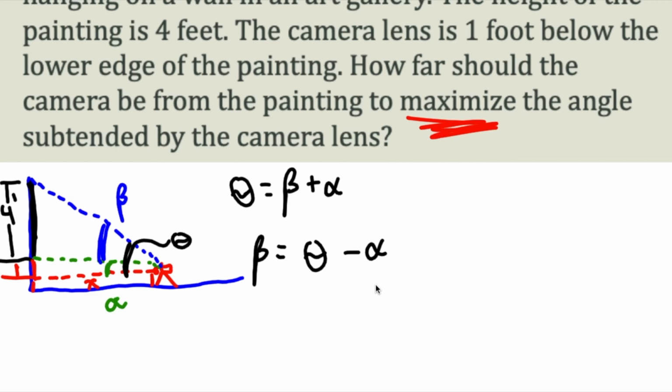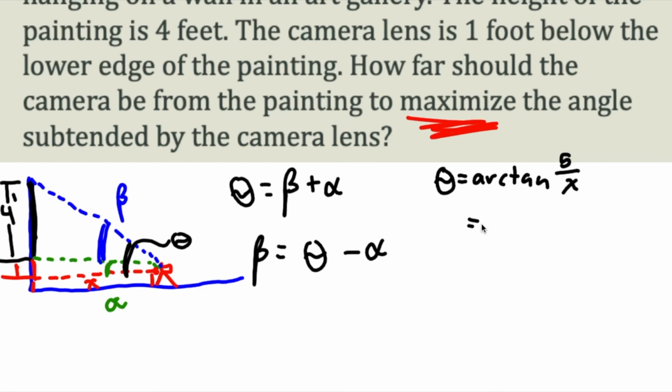So what do we know? First of all, we know that theta, if I'm looking at this big triangle here, we know 2 things. If we look at this in terms of arctan, remember arctan is opposite over adjacent, so opposite would be this whole piece, which is 4 plus 1, which gives you 5, over the bottom, which would be your adjacent, which is x.